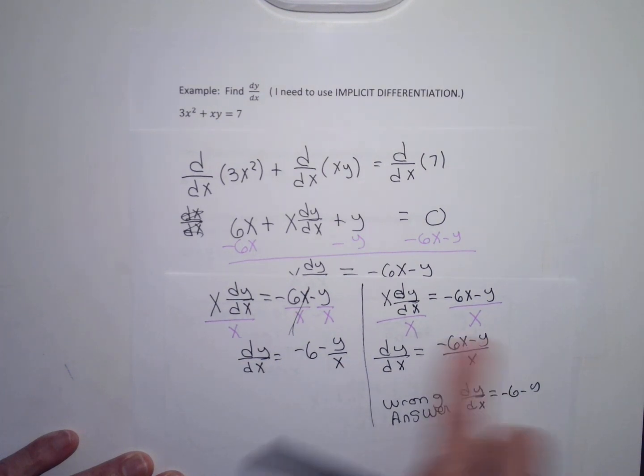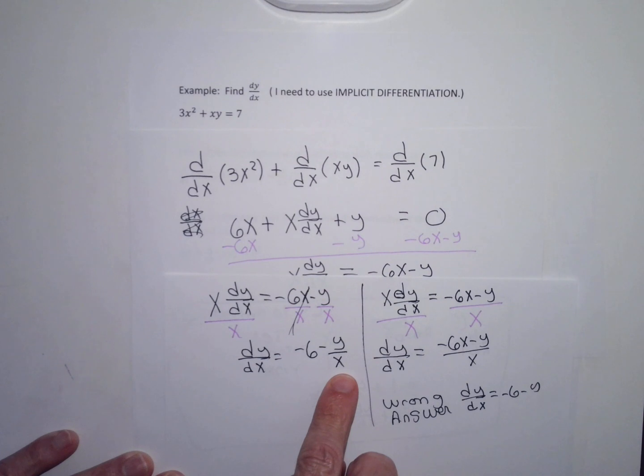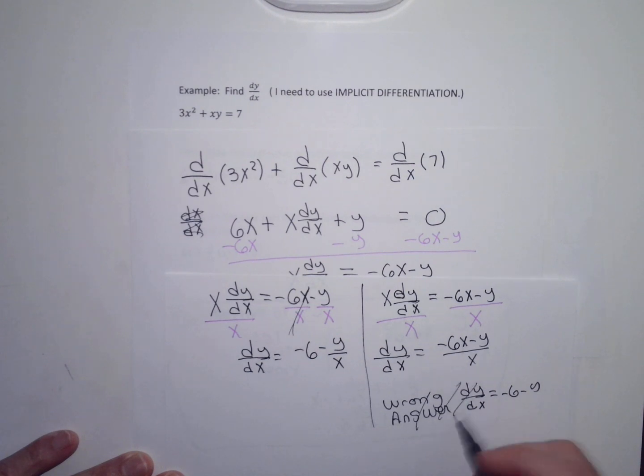So if you write it as a big fraction, you can't reduce. If you write it as two small fractions, you can reduce because it keeps the x under the y. But if you reduce the x here, you're losing the x from under the y, so we don't want to write wrong answers.